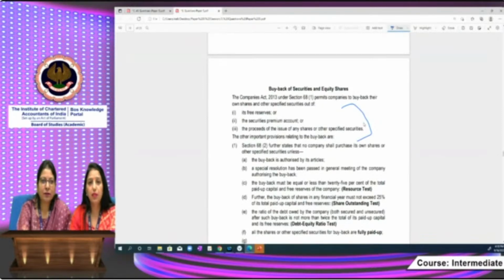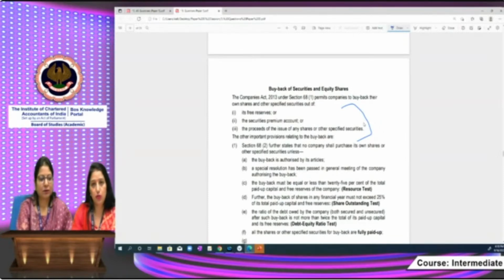For buyback, the company needs funds. And which funds can it use? It is defined by the Companies Act. It says it can use its free reserves or securities premium, or it can also use the proceeds of a fresh issue. That means for buying back its own securities, it needs some funds, and the funds can be utilized from its free reserves, from the securities premium account, or from the fresh issue.